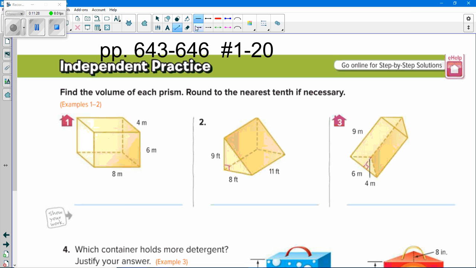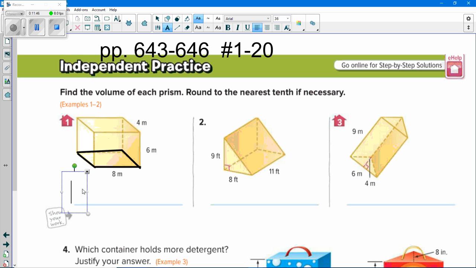Okay? So you look at problem 1, rectangular prism. Take care of the rectangle on the bottom, do the area of the base. Okay? Down here, this is 8 times 4. So I'm going to do 8 times 4, and then I'm going to multiply that by the height, which is 6.